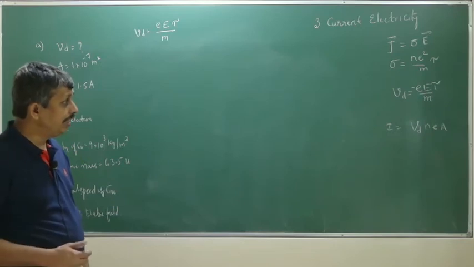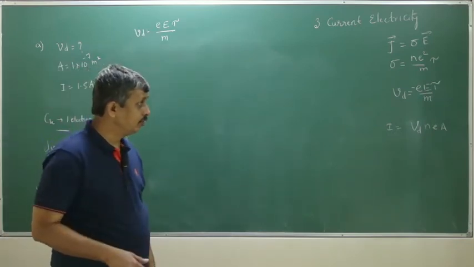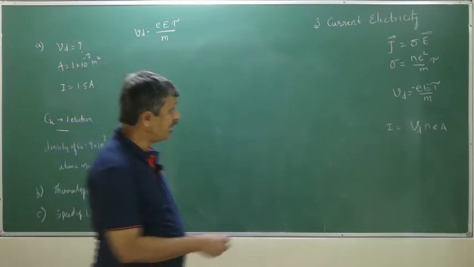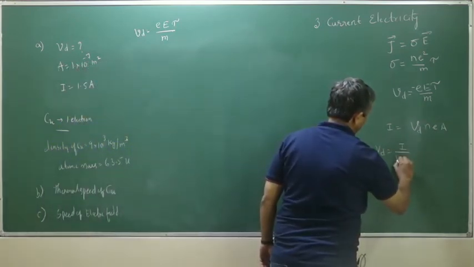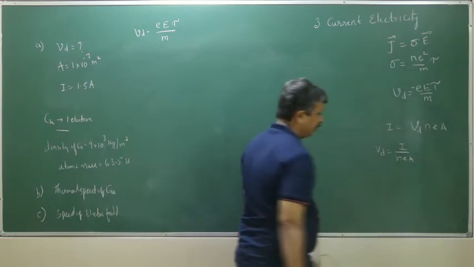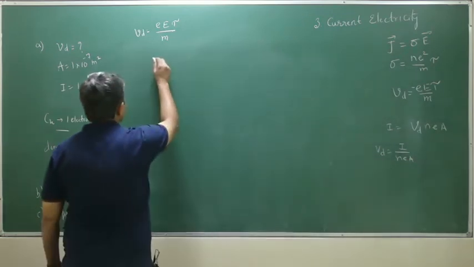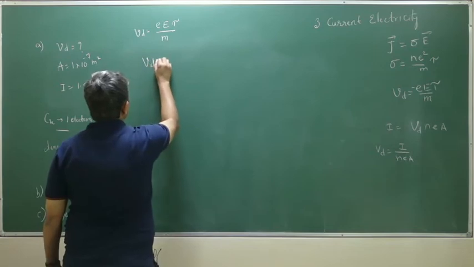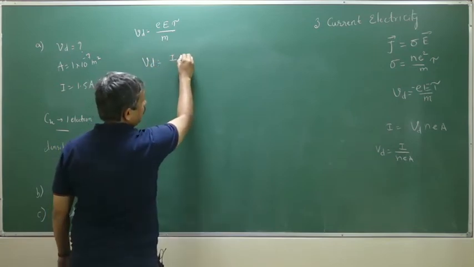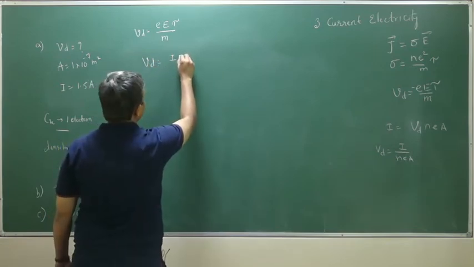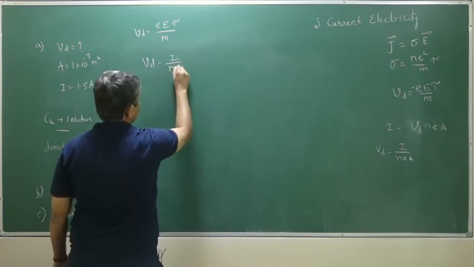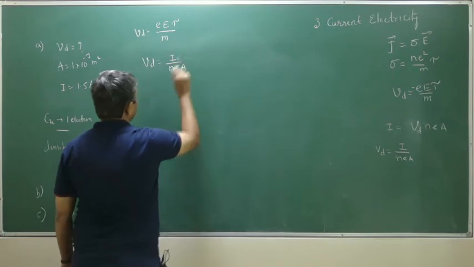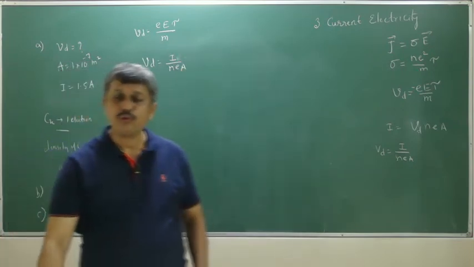So how do we now calculate these values? We want to calculate Vd. So Vd is simply equal to I divided by n into E into A. What are the things we know in this?